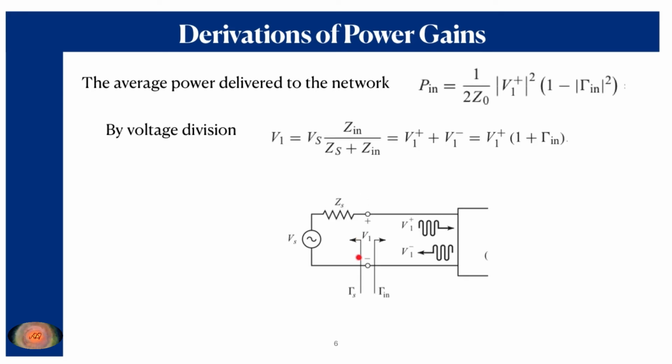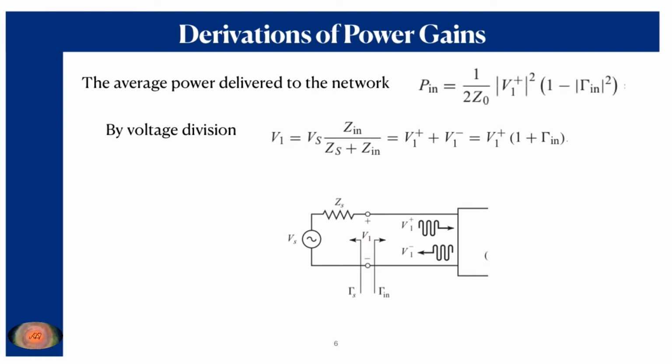Now, looking at the input terminal of the device or of the amplifier, we can easily define V1 as the voltage derived from the supplied one. That means this is the signal Vs times Zin, if you consider the input impedance appearing across this terminal.